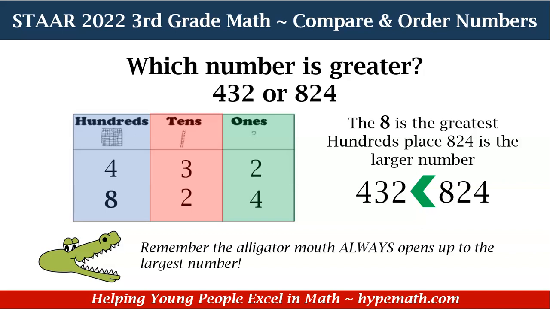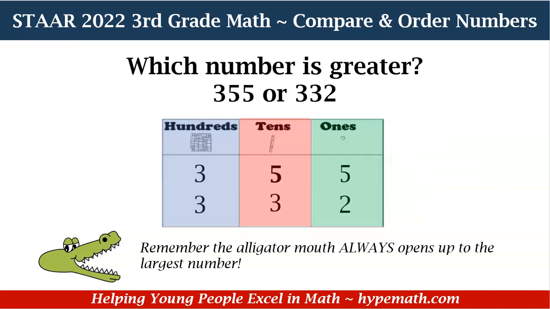Let's look at another example. Which number is greater, 355 or 332? Step 1, we're going to line up our numbers and line up the place values. Then we're going to begin at the left, which is our hundreds place, to compare the digits of the same place value.